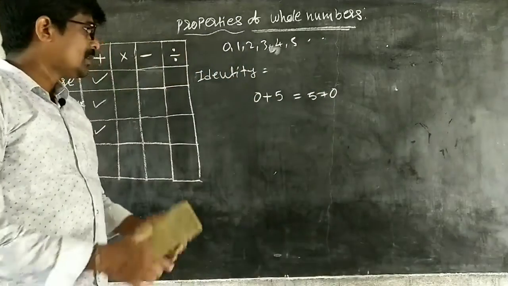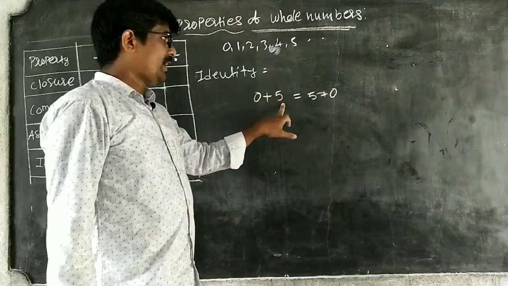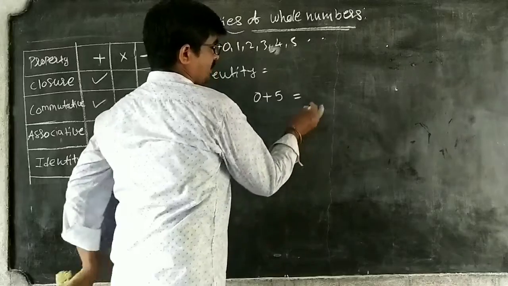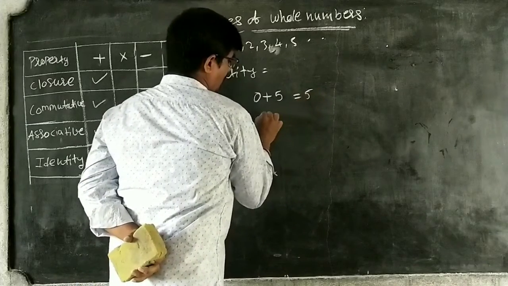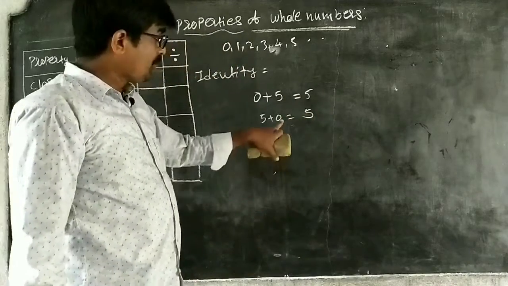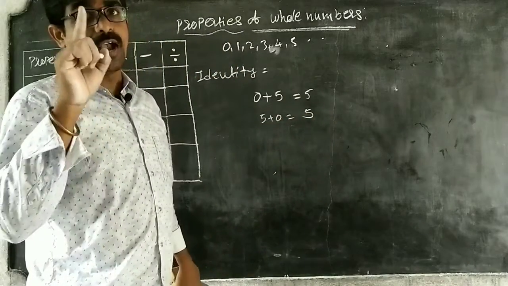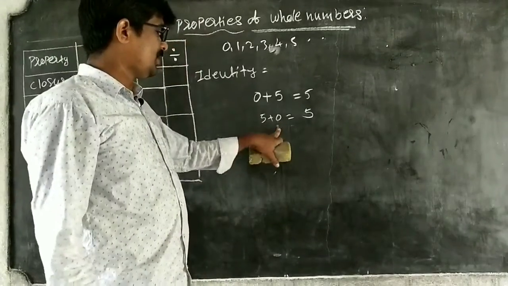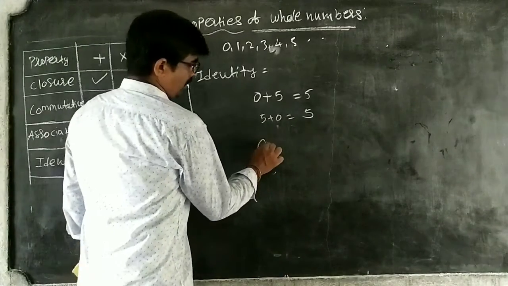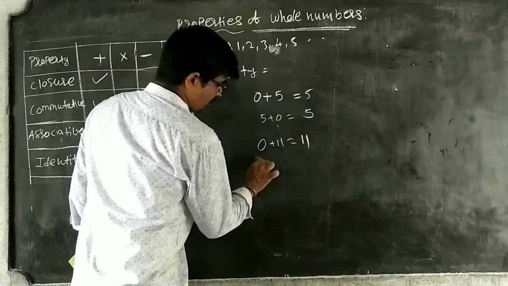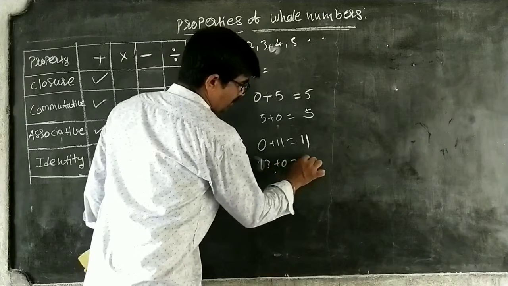Observe here, 0 plus 5 or 5 plus 0 is equal to 5. So if you add 0 to any number, the number stays the same. Or 13 plus 0 is equal to 13.